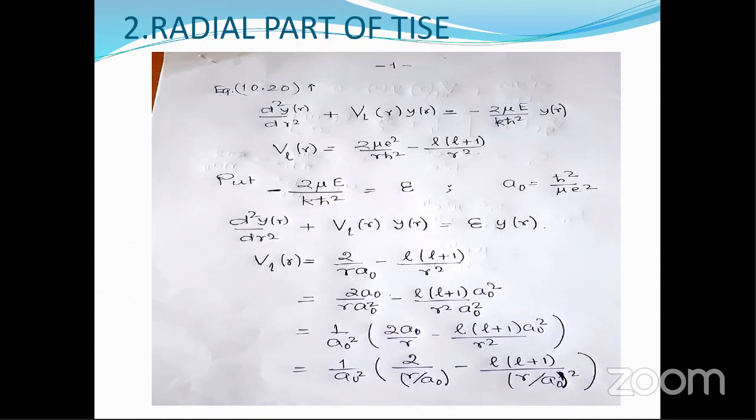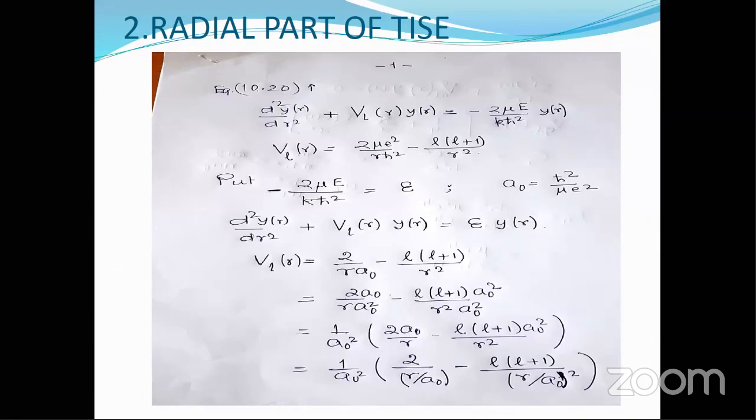So we have d²y/dr² plus V_L(r) y(r) equal to capital epsilon times y as a function of r, where V_L(r) I have expressed in terms of Bohr radius, and finally, as one can see in the last line, it comes out to be 1 by a0² times 2 upon r by a0 minus L(L+1) whole divided by (r upon a0) whole square.